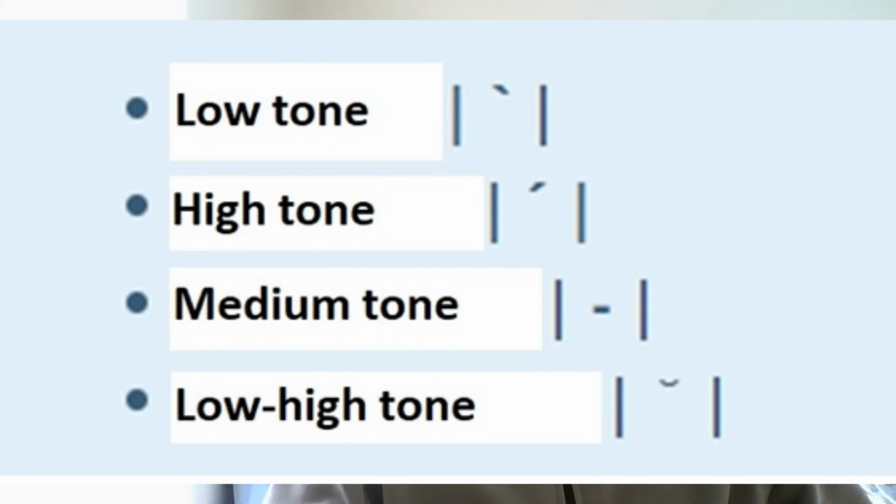Understand? And what you have to know also is that when you are writing the FON language, you need to use these tones also. I'm saying tones, but you can understand tones as stress also if you want.